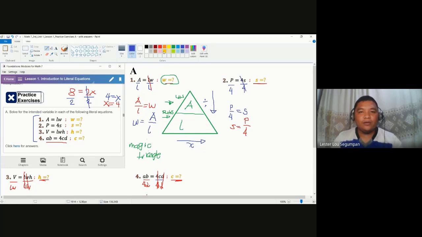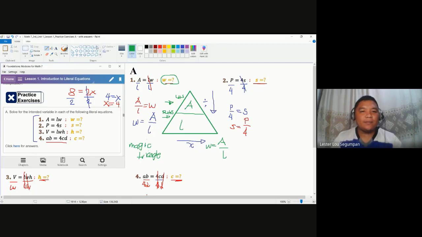The result here for W is A over L. As you can see, by following the process of solving linear equations before, we arrive at the same answer.